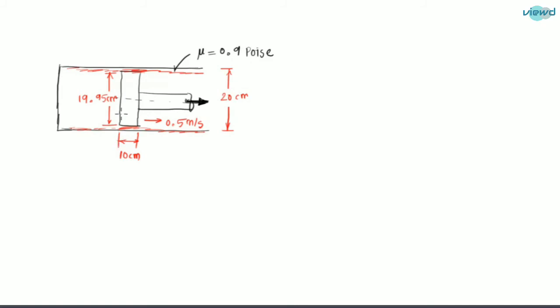So this arrangement is given. There is a piston and there is a lubrication of some oil of viscosity 0.9 poise, and the piston diameter is 19.95 centimeter and cylinder diameter is 20 centimeter. Let me write here, d naught, outer diameter, is equal to 20 centimeter.